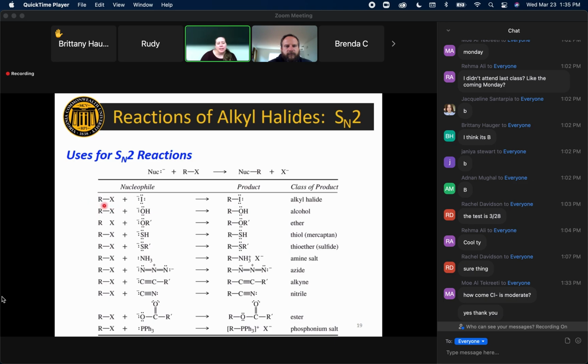Because if you combine an alkyl halide with a nucleophile, we can displace that halogen with the nucleophile. And there are a lot of different options and available nucleophiles for us to choose from. So we just dramatically increased our capabilities to do synthesis, to synthesize useful products. We'll talk more about that as the class goes on.